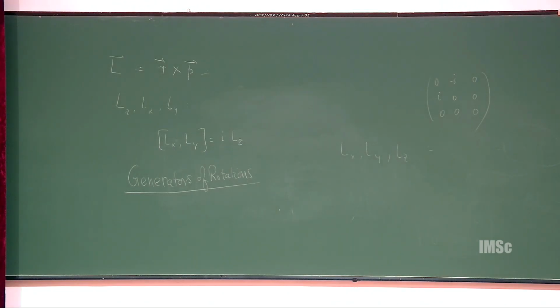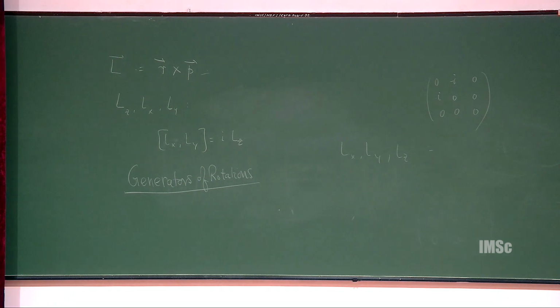And you can also find out what Lx square plus Ly square plus Lz square is. You take this as an exercise. You work out Lx, Ly, Lz, square the matrices, and find Lx square plus Ly square plus Lz square.